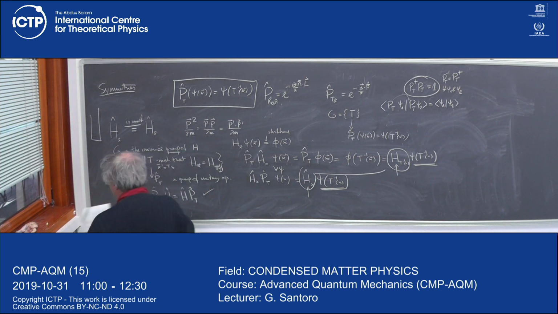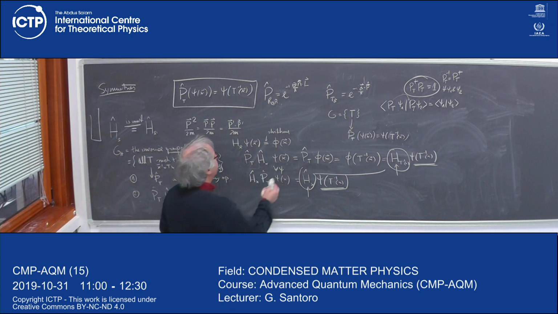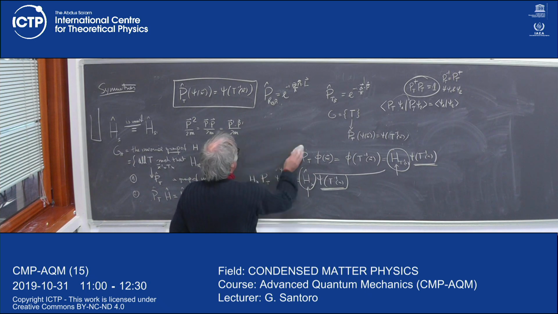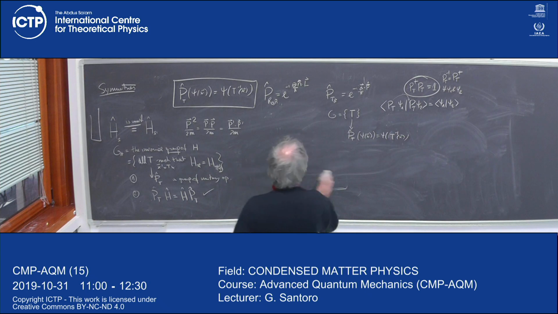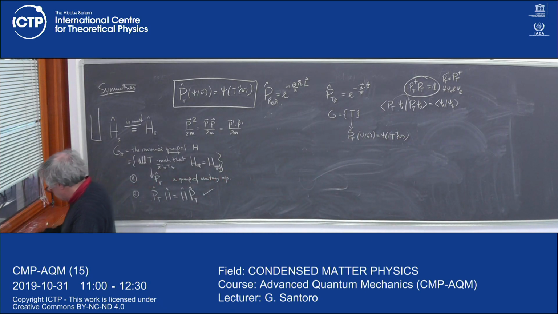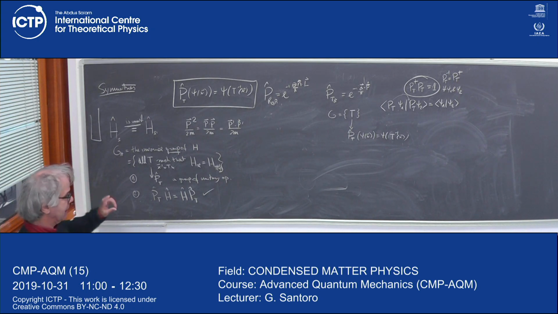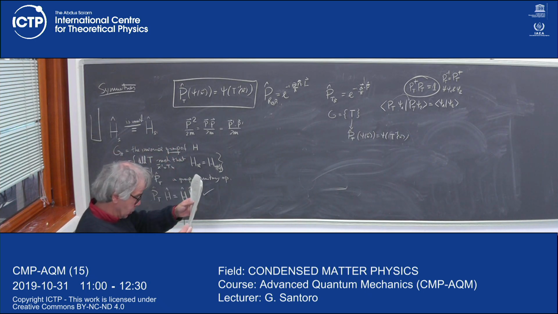Okay, let's see now a consequence of this. Let's consider the hydrogen atom again. In fact, I've already eliminated the center of mass, so the three-dimensional problem where the potential is minus e squared over the distance from the origin and so on and so forth.